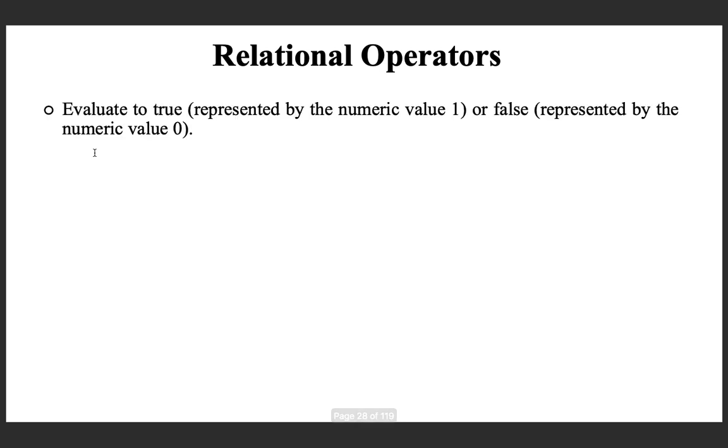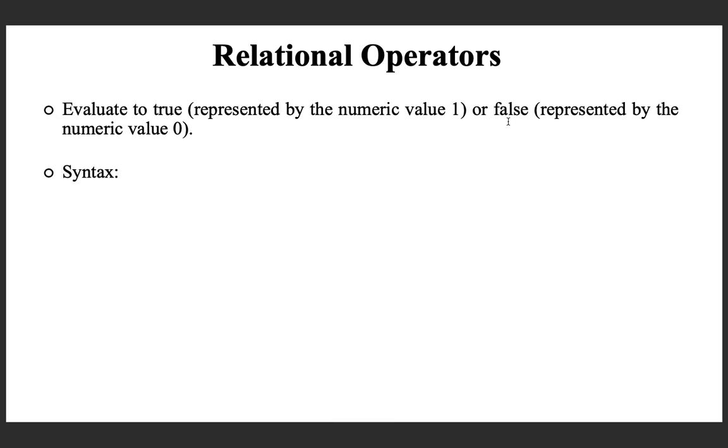So we have seen 6 relational operators, and now we are going to formalize what they are. They evaluate to true or false. The expression which is formed using a relational operator must evaluate to either true or false.